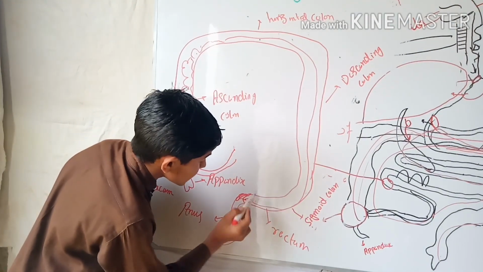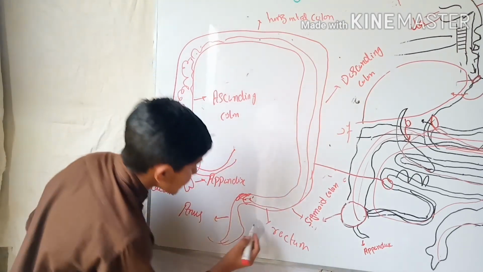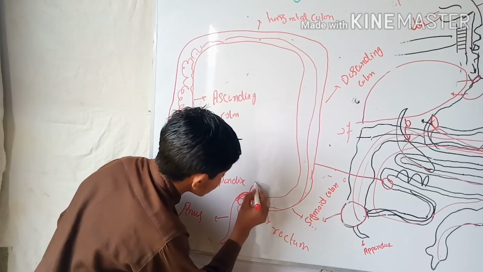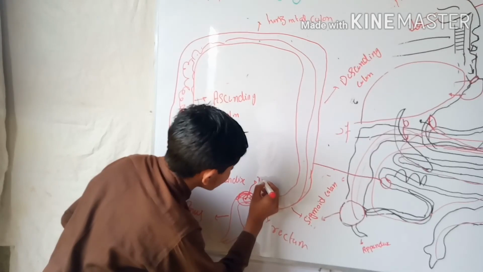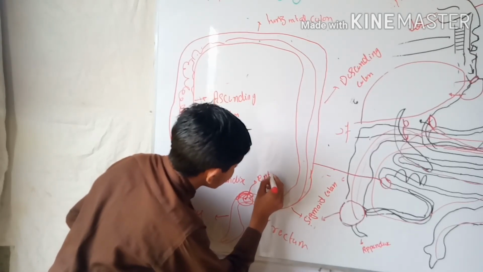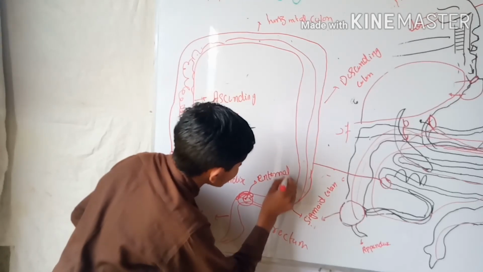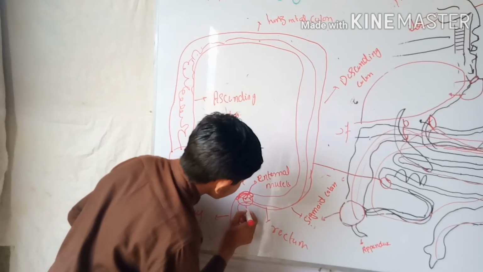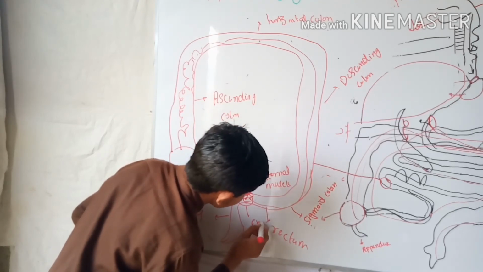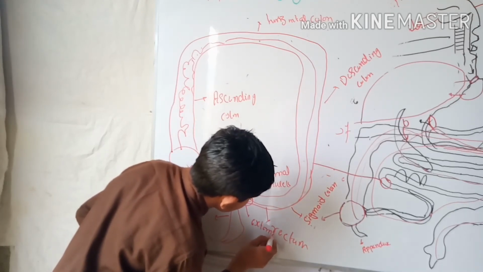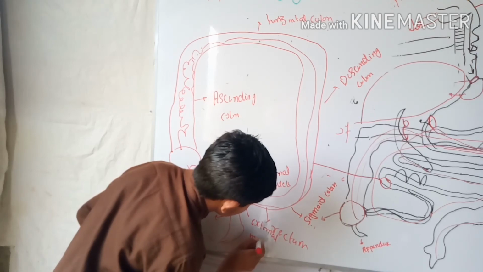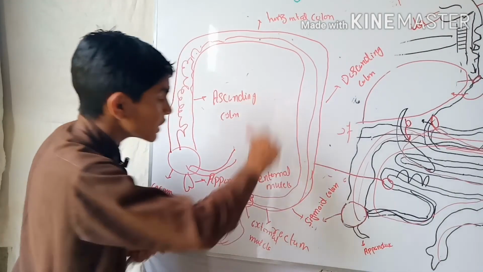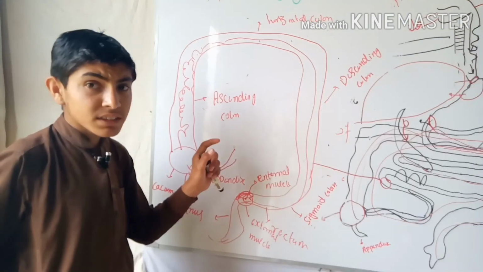It consists of two muscles. This is called the internal muscle, and this is called the external muscle. So when the message comes from the brain, do you have to discharge or not?